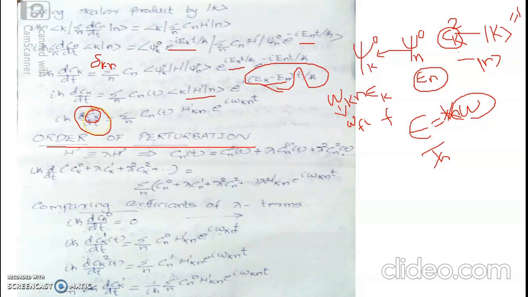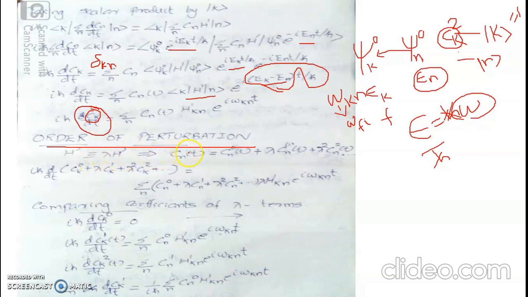Here, however, this is slightly different, because we assume that the time dependence will be represented by this single parameter, Ck of t, the expansion coefficient. As usual, to evaluate the order of perturbation, we represent h prime in terms of the perturbation parameter, lambda. So h prime is lambda times h prime.